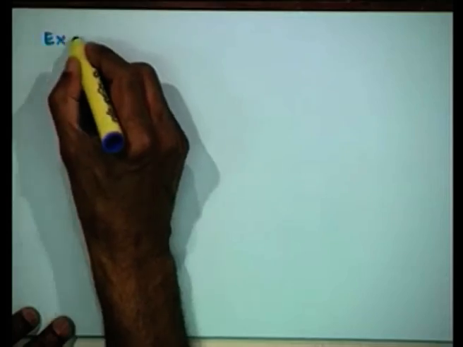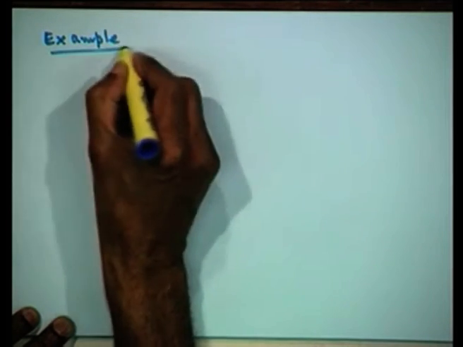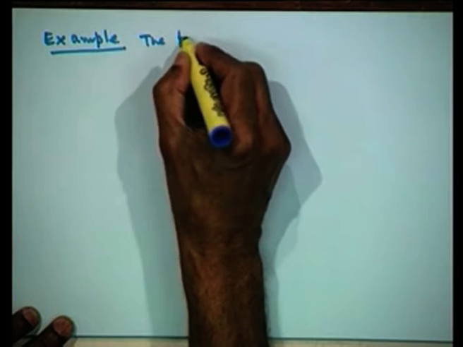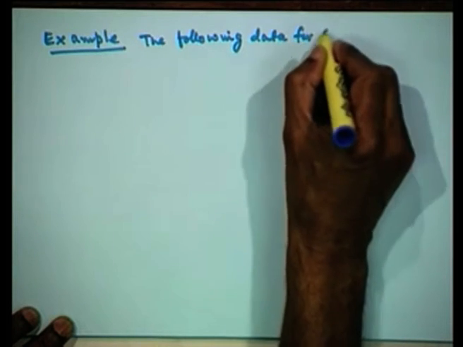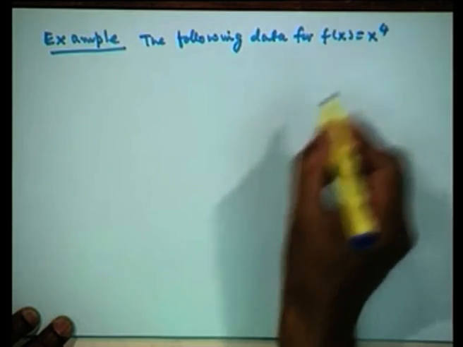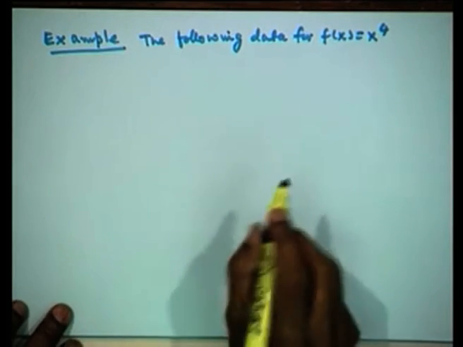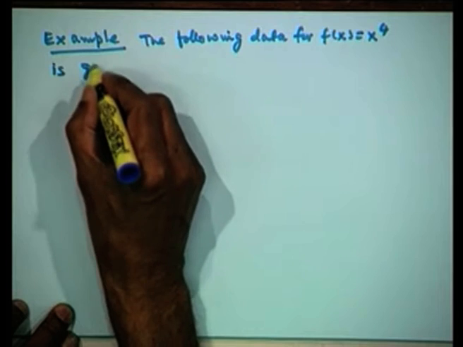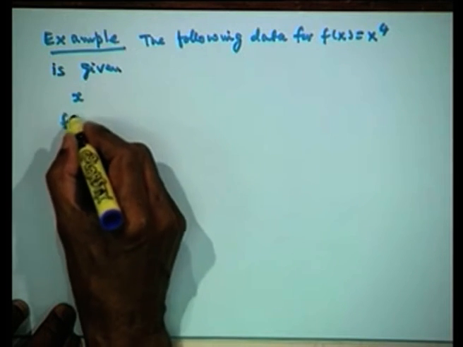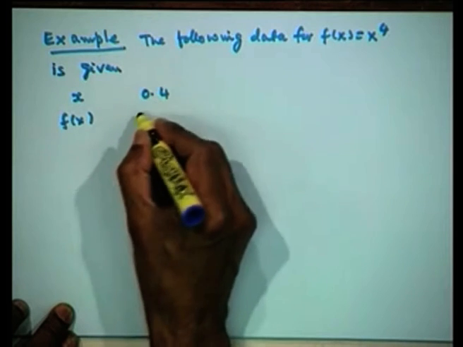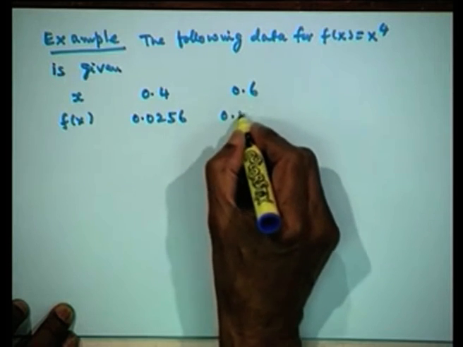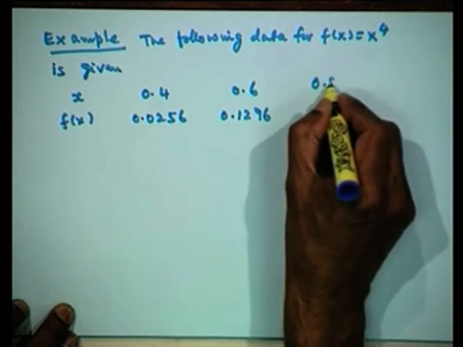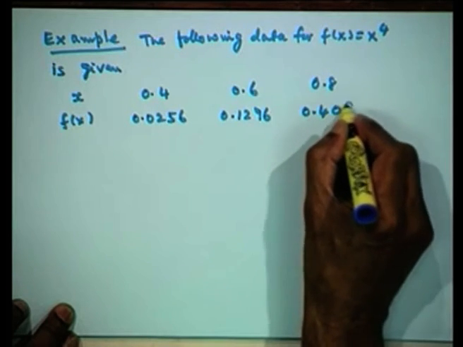Okay. Let us actually take an example on this. The following data for f(x) is equal to x to the power of 4. Let us give the function also, so that we can understand the error. The points are 0.4, 0.6, 0.8, with values 0.0256, 0.1296, 0.4096.